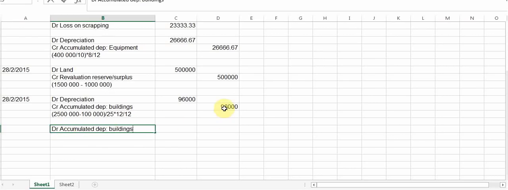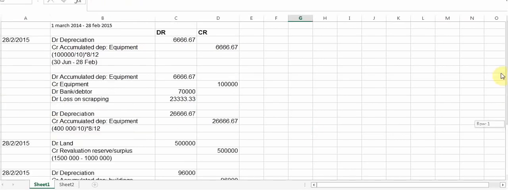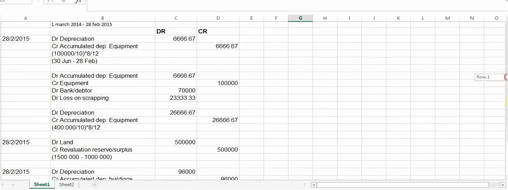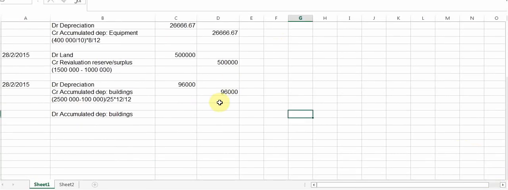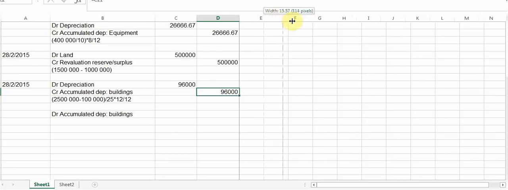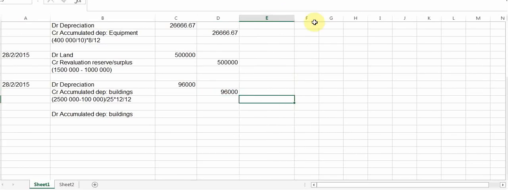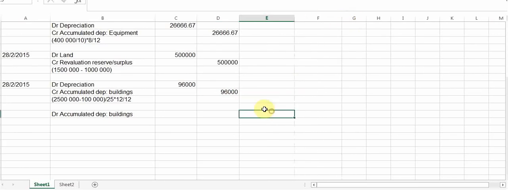We cannot just take the 96,000 as we've done with the 6,667, because we've had this asset for longer than 1 year. So for the current year, the depreciation was 96,000. But I need to go and do a calculation then for the entire lifespan that I've had the buildings for. So I'm going to take here on my right hand side and do that calculation.